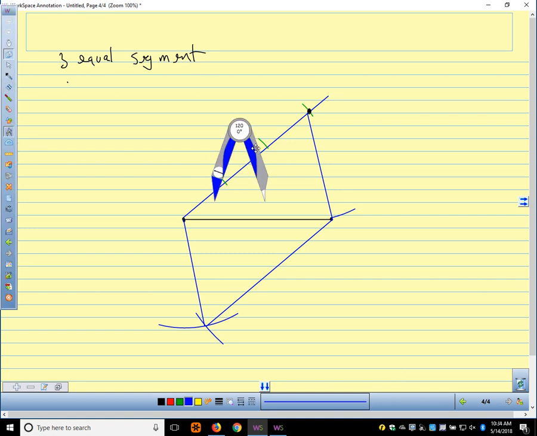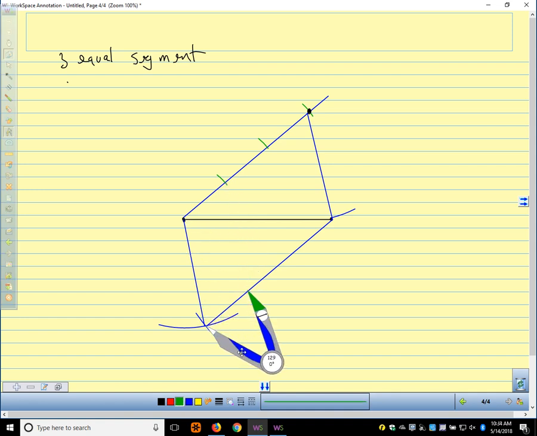Now I'm going to take my compass and measure these marks that I made on the first side here, and I'm going to put them on this line. There's one. There's two. And if I do my construction correctly, that should line up perfectly there.